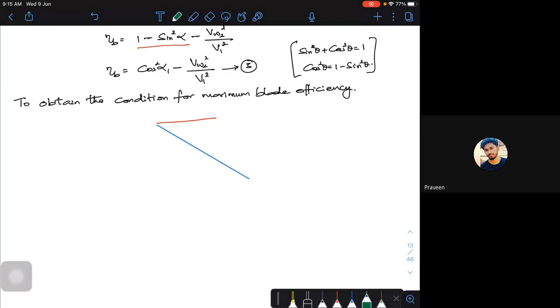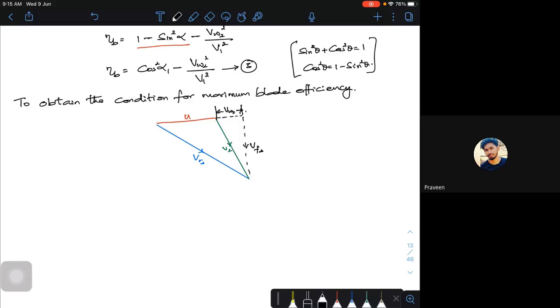Sorry, this is my VR2. This is my V2. This is my U, and I'm going to complete the triangle by drawing the components of your V2. This is my VF2 and this is my VW2.